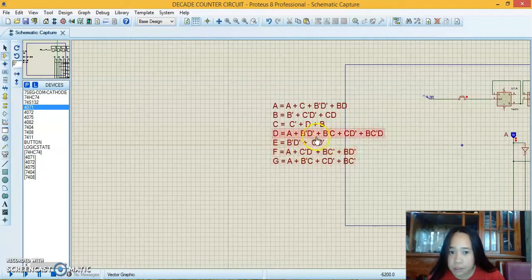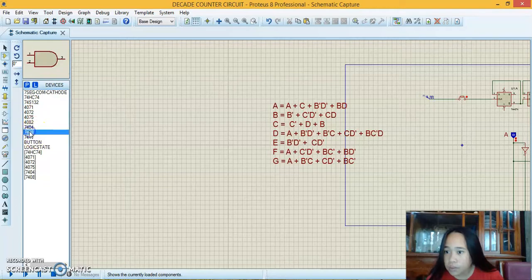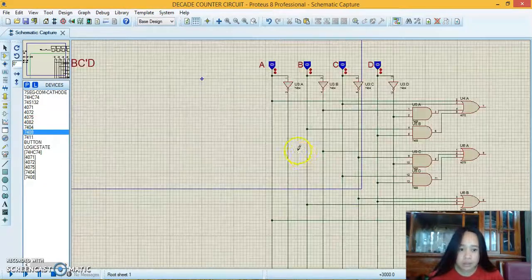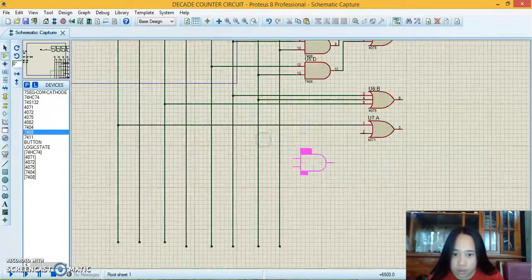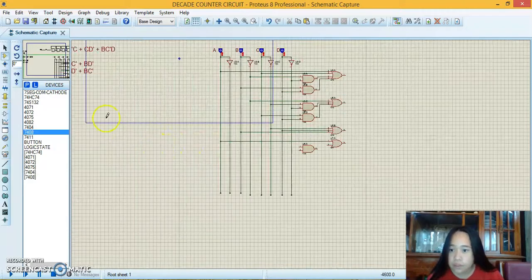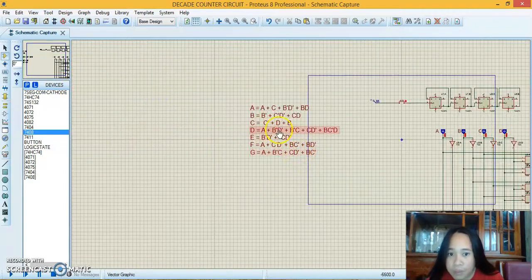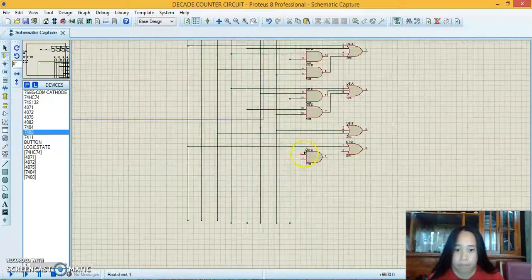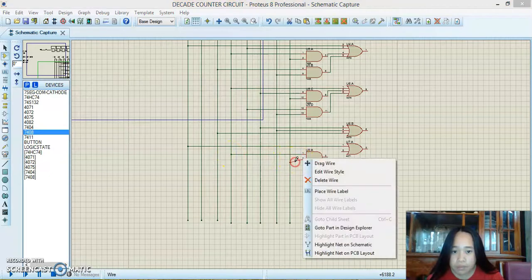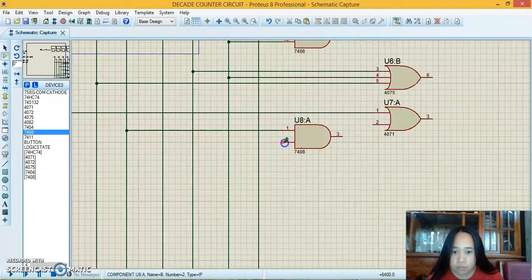Next is the B prime D prime. We need a two input AND gate. Connect this one here.